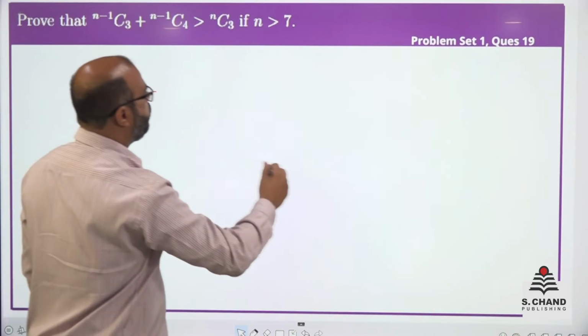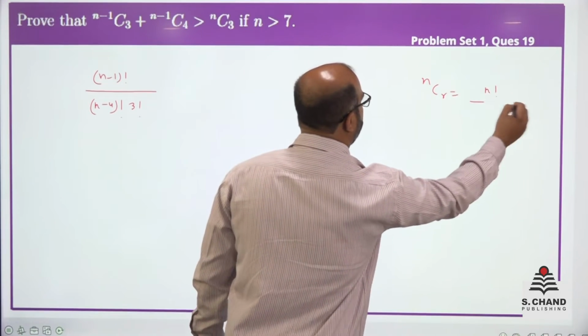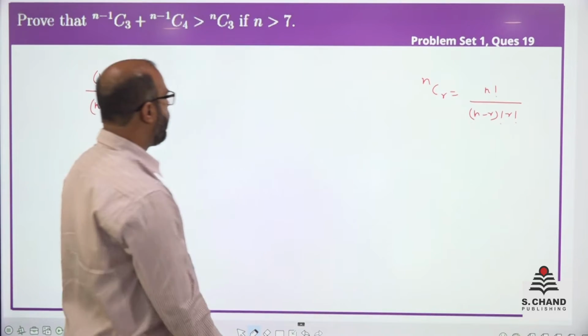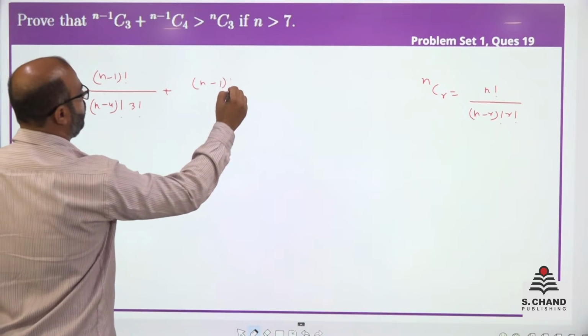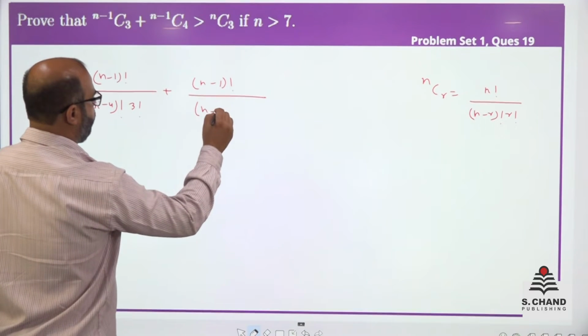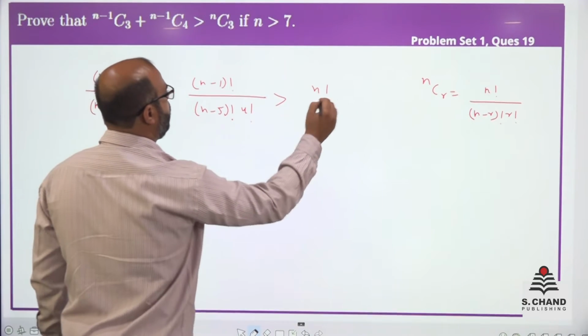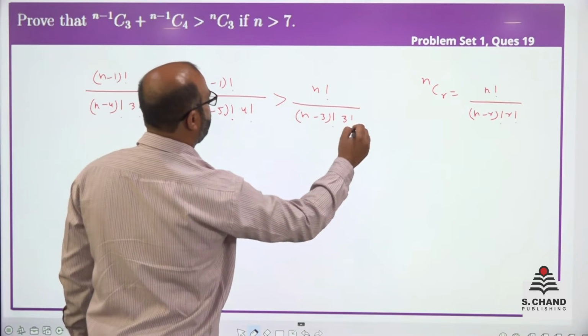If you remember, the formula was nCr is equal to n factorial by n minus r factorial into r factorial, plus n minus 1 factorial upon n minus 5 factorial into 4 factorial greater than n factorial upon n minus 3 factorial into 3 factorial.